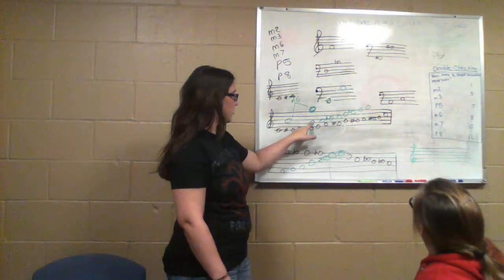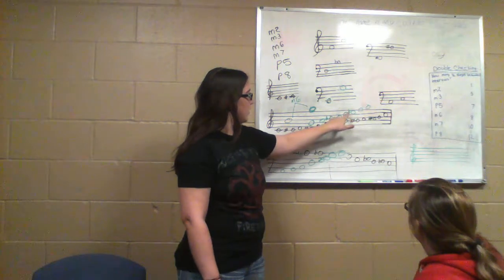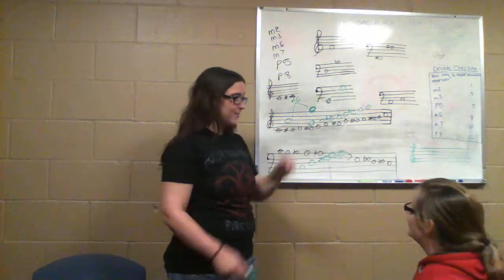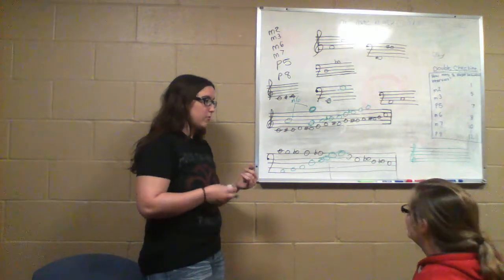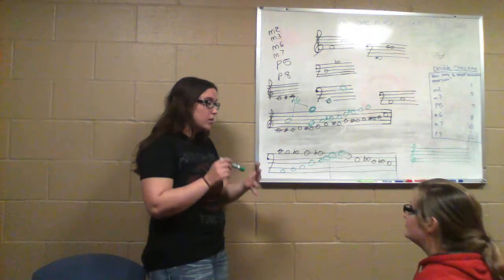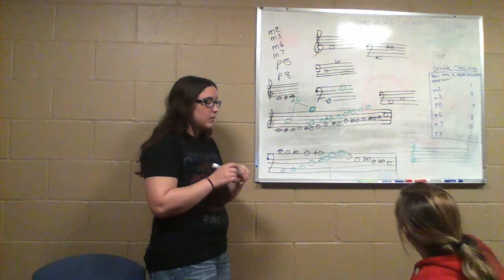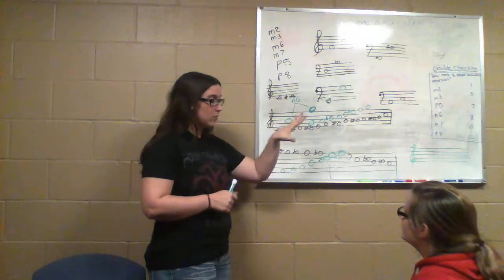So count with me, okay? 1, 2, 3, 4, 5, 6, 7. So it's a minor 7th. Good. Perfect. So there are 2 ways to think about it. You can either think about it going through scales, or you can think about it going through the half-step intervals. The half-step intervals take a lot longer, so try and think of it within the scale.